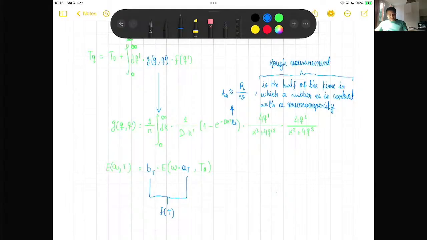These parameters are all functions of the temperature. They are usually measured by rheological approaches, which is an approach to measure the viscoelastic properties.